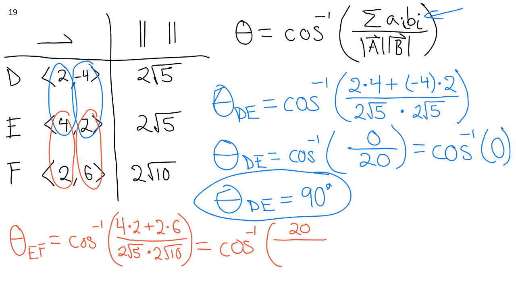4 times the square root of 50, which is 4. The square root of 50 is 5 root 2.